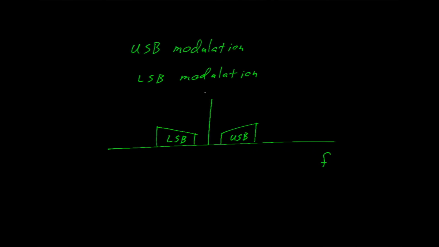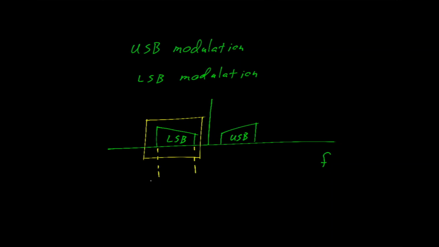We could transmit the carrier and only the upper sideband, or we could transmit the upper sideband by itself, or we could transmit the lower sideband by itself. All of those are valid modulation forms, and each has certain advantages. And I think you can see the biggest advantage comes from this.